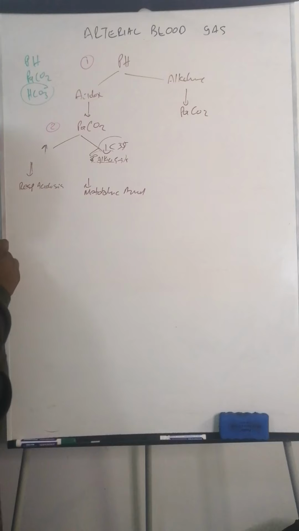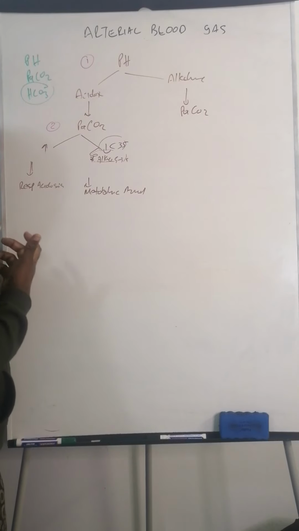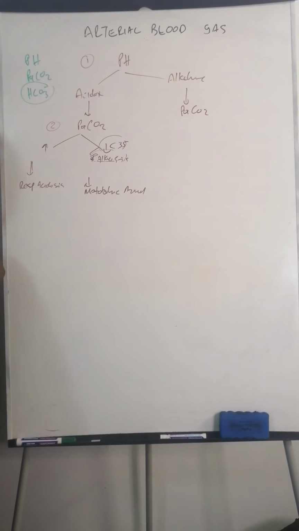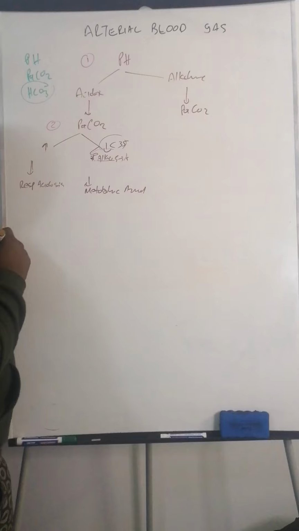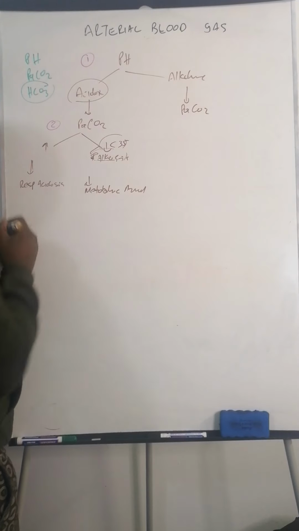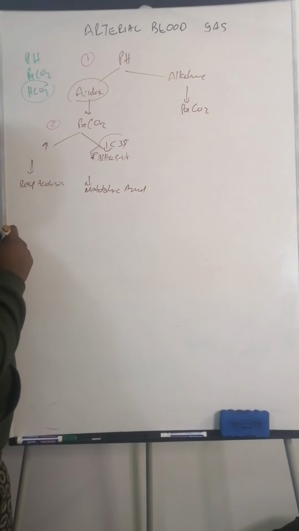I don't know if you get what I'm trying to say, guys. I don't want to overemphasize it and end up losing it myself, saying things that are not true. What I'm saying is we have an acidic pH. We know that we've got acidosis.